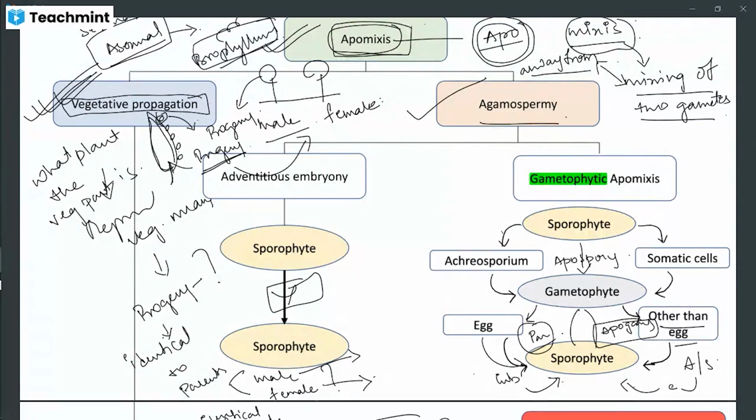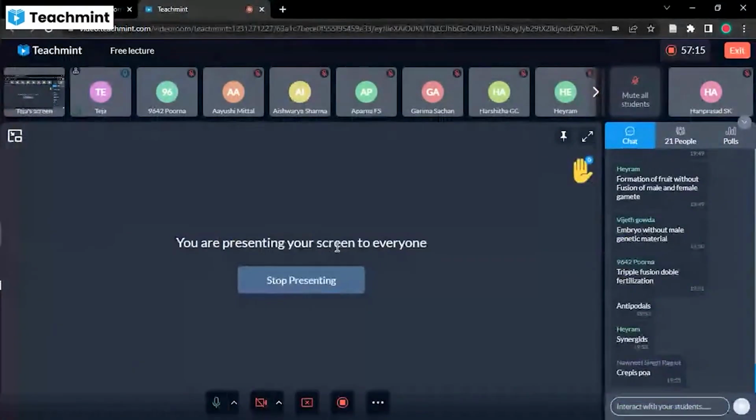and the embryo develops into the sporophyte. So other than the terms mentioned here, that is adventitious embryony, apospory, parthenogenesis and apogamy, did you hear any other asexual reproduction term in case of plants, crop plants? Any other term?